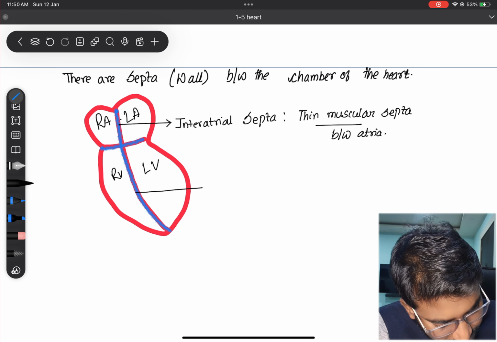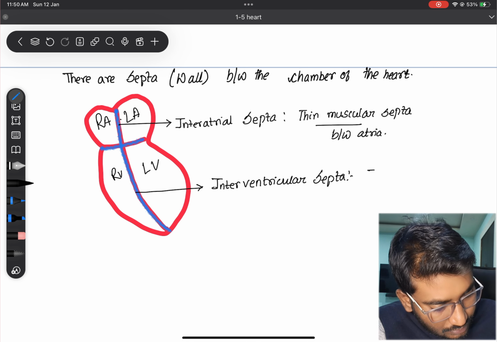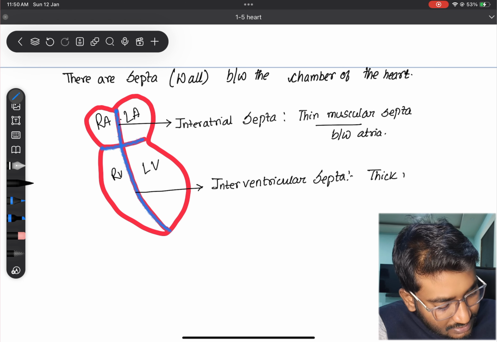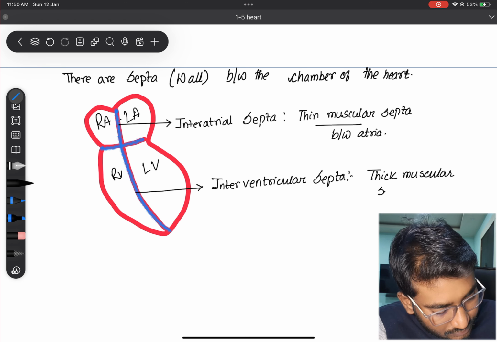Now this is the interventricular septa. Thick muscular, because of the thick muscular septa between the ventricles.